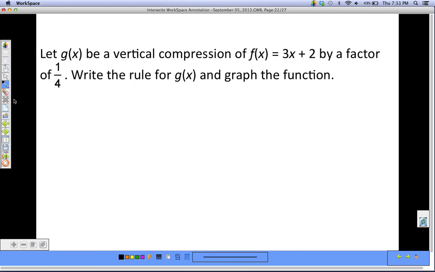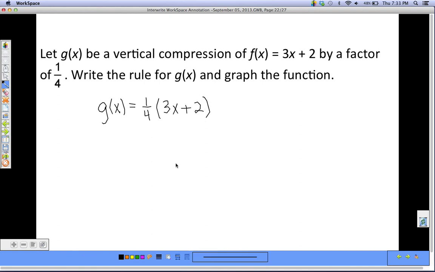Okay, let's try a vertical compression to f of x equals 3x plus 2 by a factor of 1/4. Now, if we look at our notes for vertical compression, that is our a. So we're going to have g of x equals our a, which is 1/4, and then 3x plus 2.